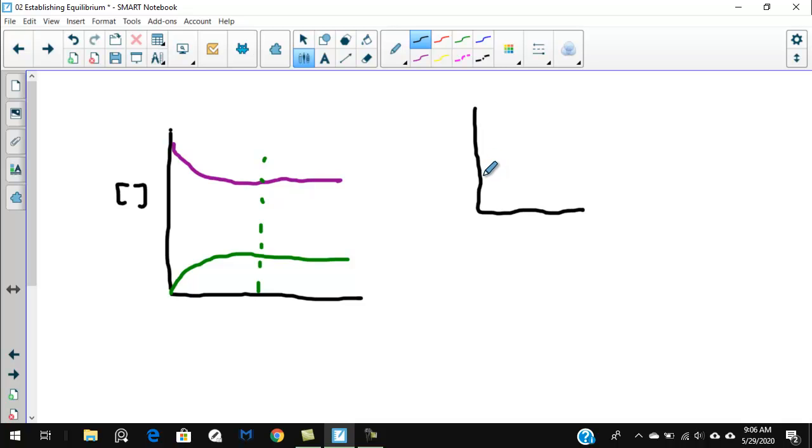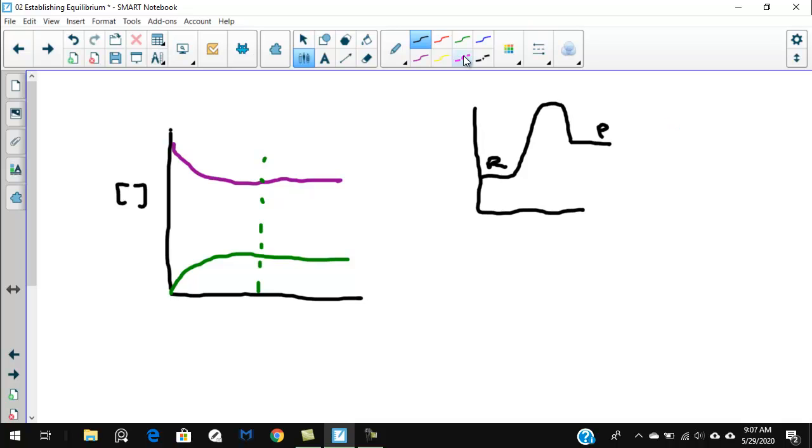And the best way to illustrate a slow reaction rate would be to give the forward reaction a very high EA. So we would come up with something like that, saying that that's the EA of the forward reaction. And to get an EA that's smaller for the reverse reaction so that it happens easily, we'd have to end our products there. So there's the reactants, and there's the products.